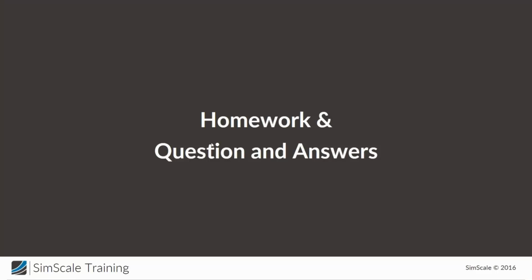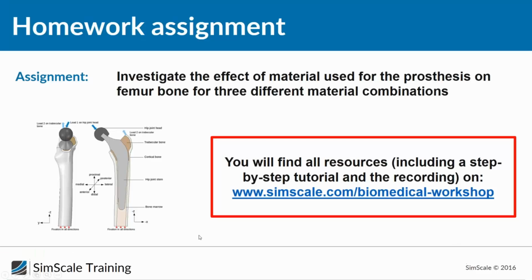Before we have time for questions and answers, and I see a lot of questions, let's talk about your homework, which you have to perform in order to qualify for professional training. Your homework is to redo the simulation I showed you, and not only for one material combination, but you will investigate the effect of different materials used for the prosthesis on the femur bone.